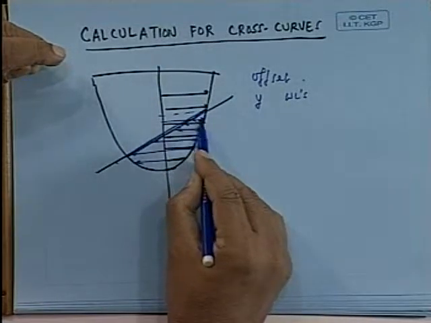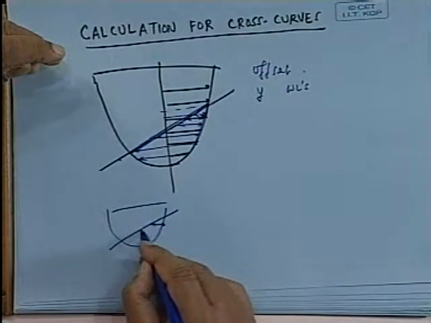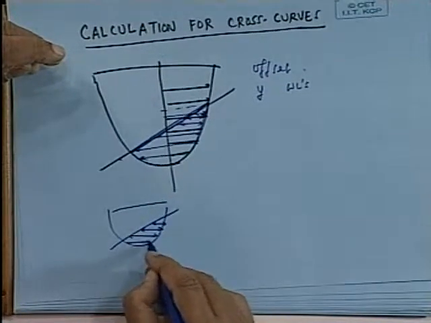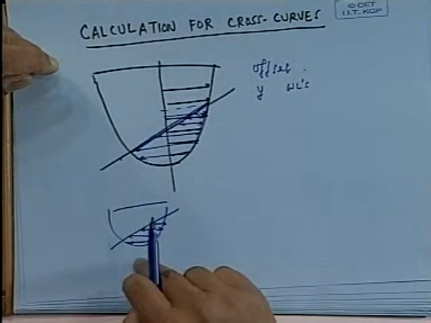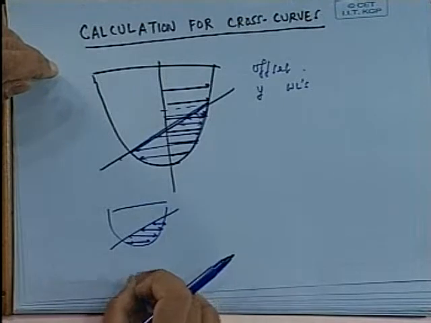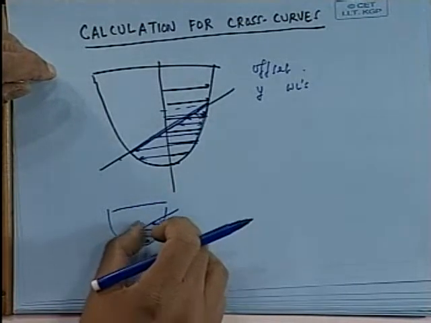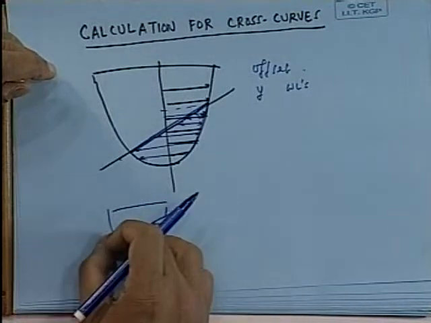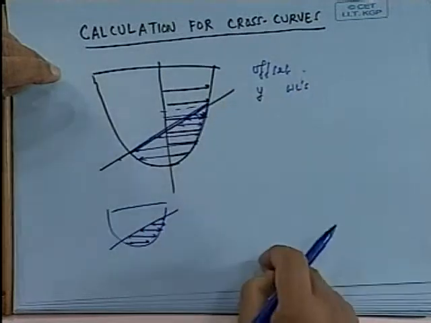Second of all, my ordinates are this much. If I draw another one here, my ordinates are actually this. So you can imagine immediately that the calculation becomes even more difficult, because I have to actually draw a section, divide that, pick up by measurement off the scale these particular lines, and then use Simpson's formula.